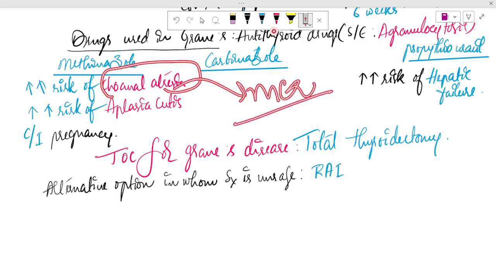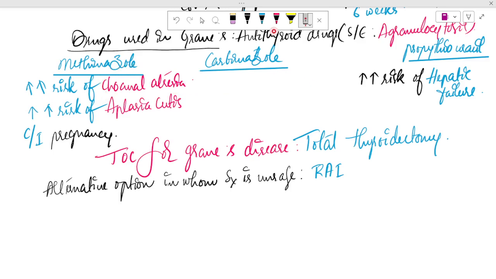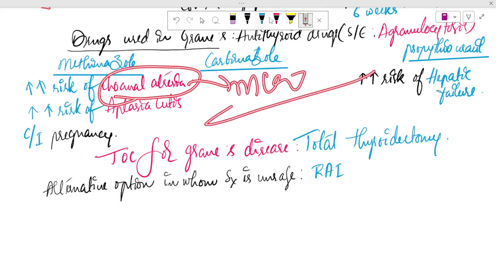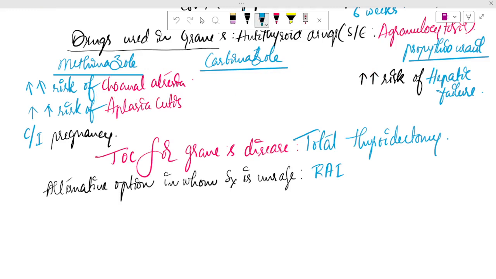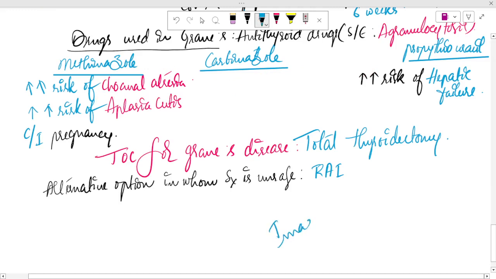Even today's NEET PG paper is almost equal to AIIMS. So don't expect choanal atresia directly in the MCQ. You will get a question with an image showing choanal atresia.